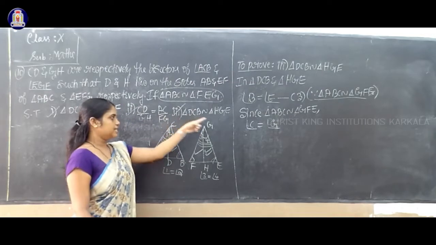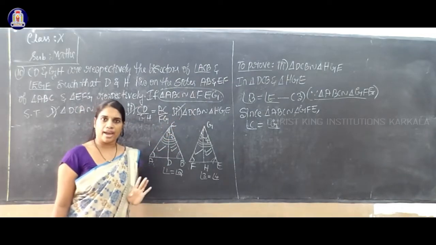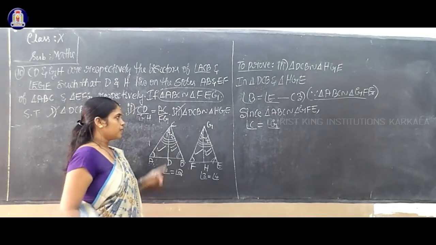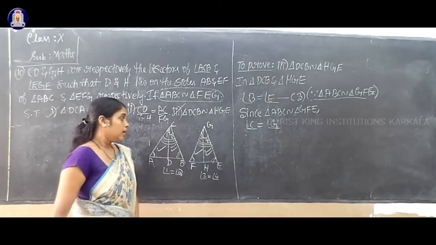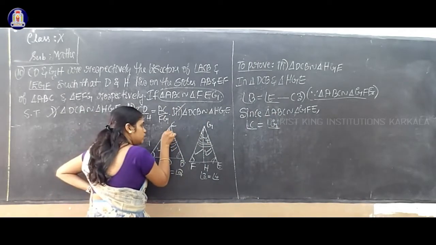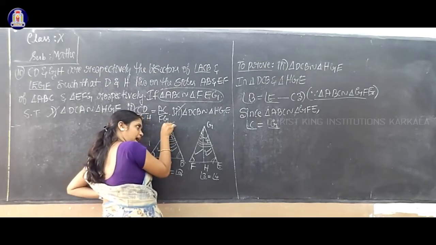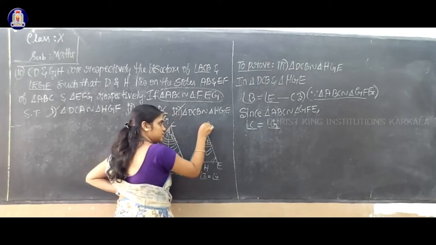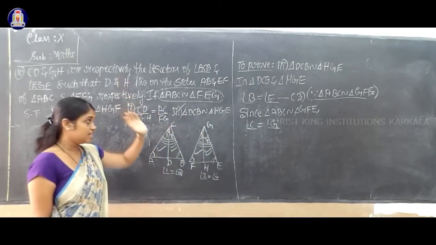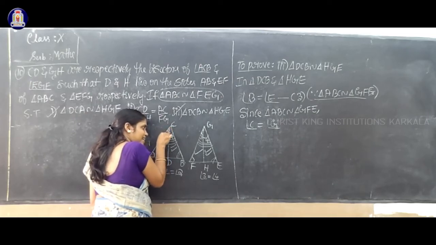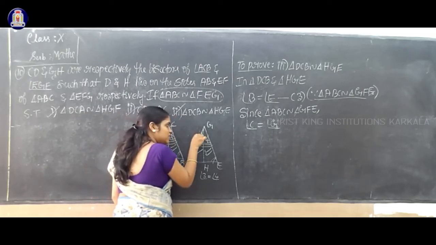Because angle C and angle G are the two corresponding angles of these two triangles. Now angle C is equal to angle G, but here I want angle 2. Angle 2 means half of angle C and half of angle G. At the beginning I considered the left side part, that is angle 1 of angle C, angle 3 of angle G.